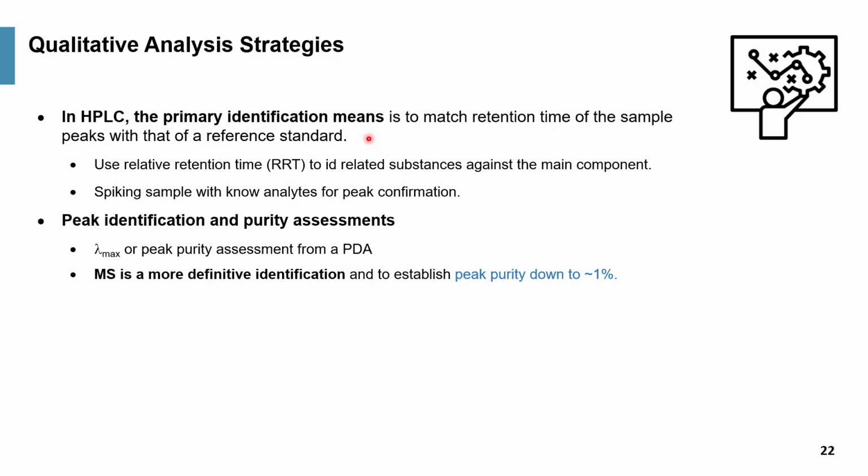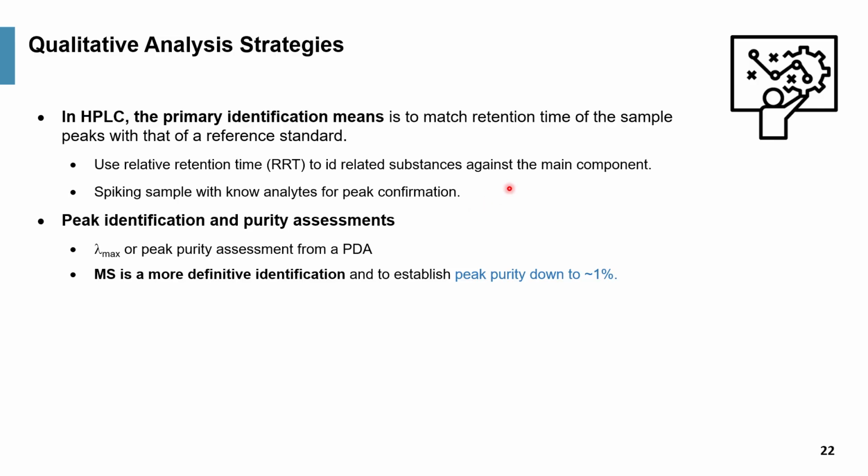And in early drug development, where you don't have a standard, we typically identify any unknown peak using a relative retention time indexed to the main component, right? So the main component is given a relative retention time of 1.00. You can also spike your sample with known analytes for peak confirmation.